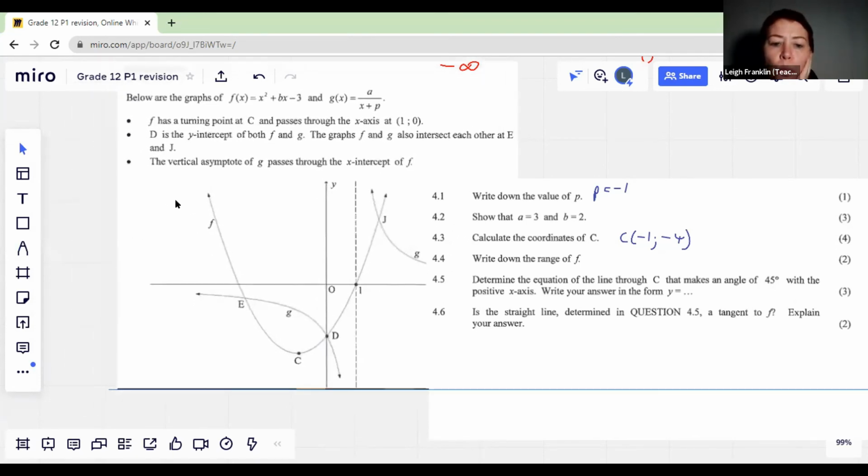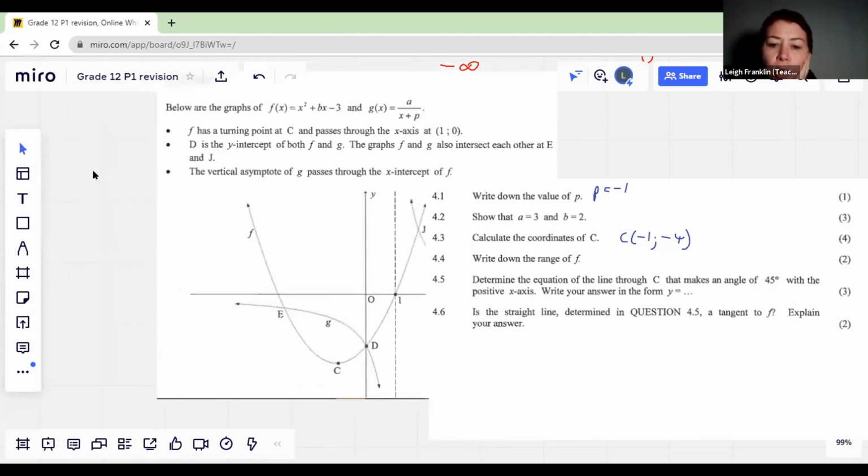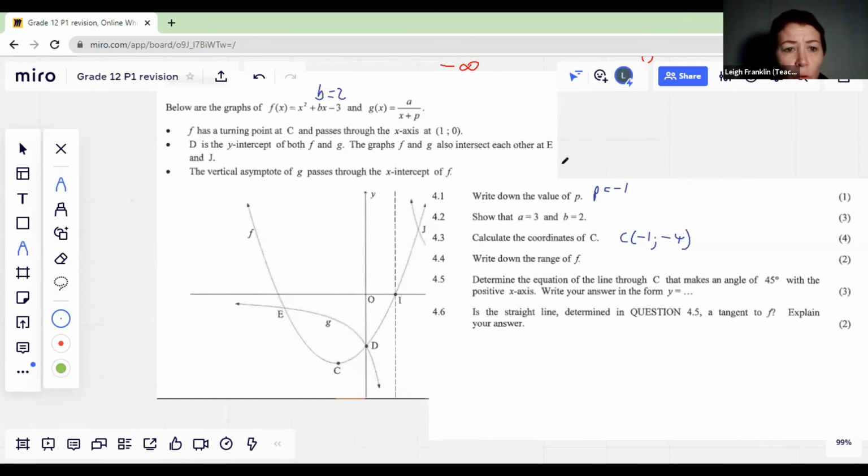Exactly, all right? So when we want to work out the coordinates at the turning point, there are ways that we can do this. We don't want to complete the square if we don't have to ever. But either we can use calculus, or if you already know from your equation that the value of B was 2, don't you? So here you know that B is equal to 2. So you know that your graph of f of x, that's it, negative b over 2a.